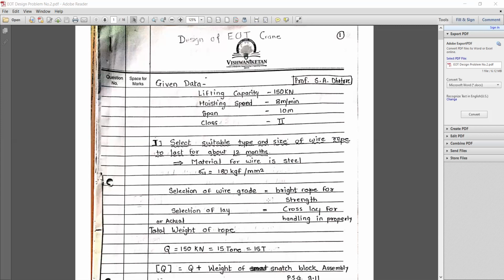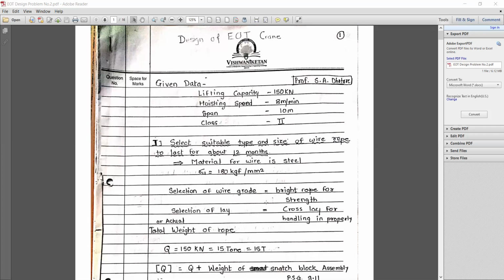Then for the wire grade, we are selecting bright rope wire grade for better strength. Then lay, we are considering cross lay for proper handling, as there is a tendency of wire rope to slide over the groove. So that's why we are considering cross lay, so it can handle it very well.